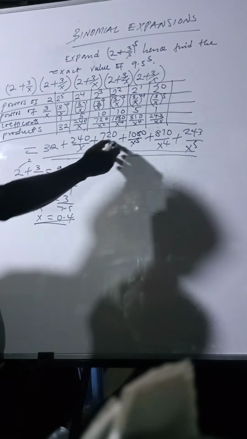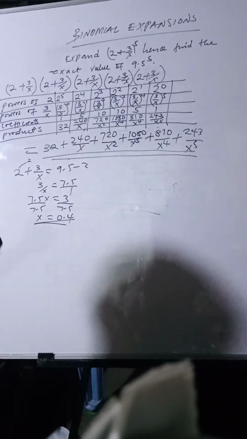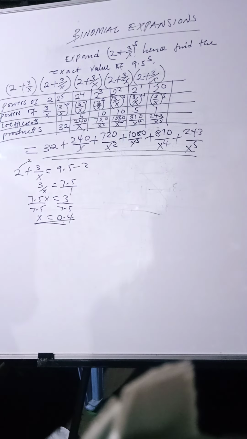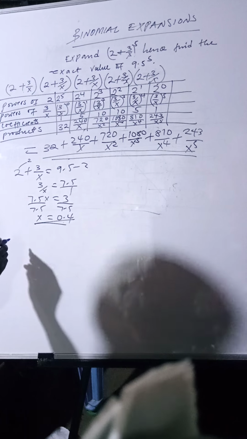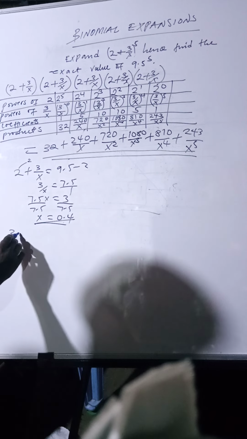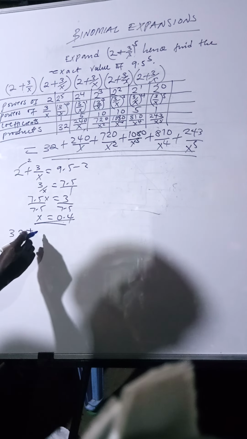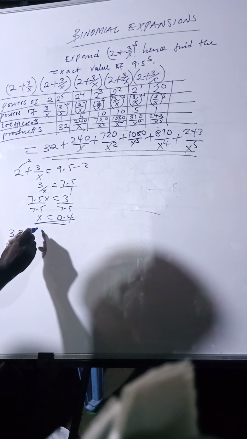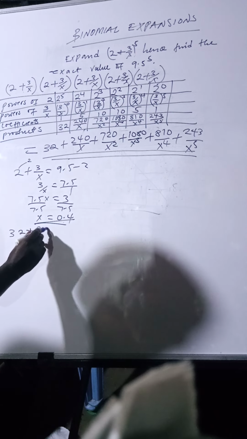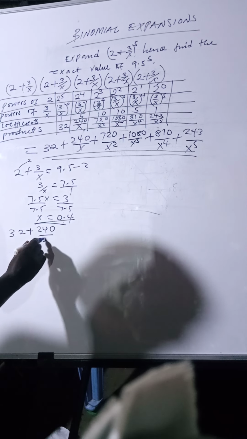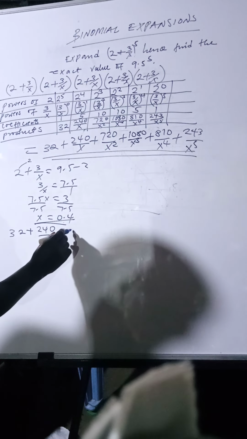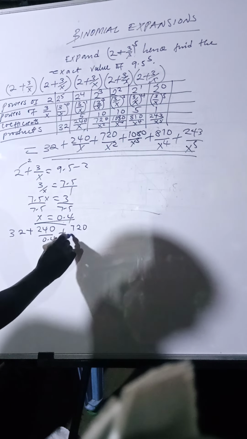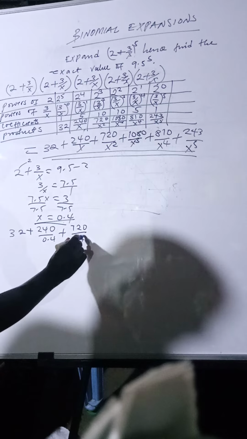So where there is x here, you substitute with 0.4. Now you will find we have 32 plus 240 over 0.4 plus 720 over 0.4 squared.